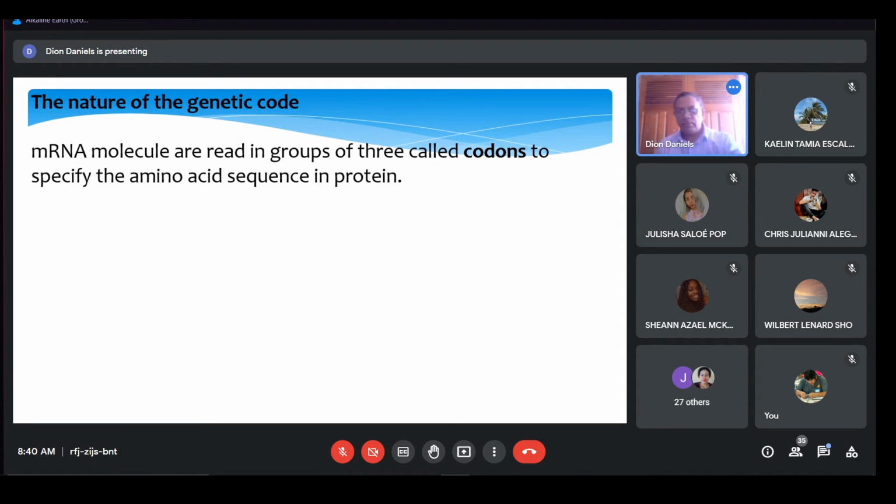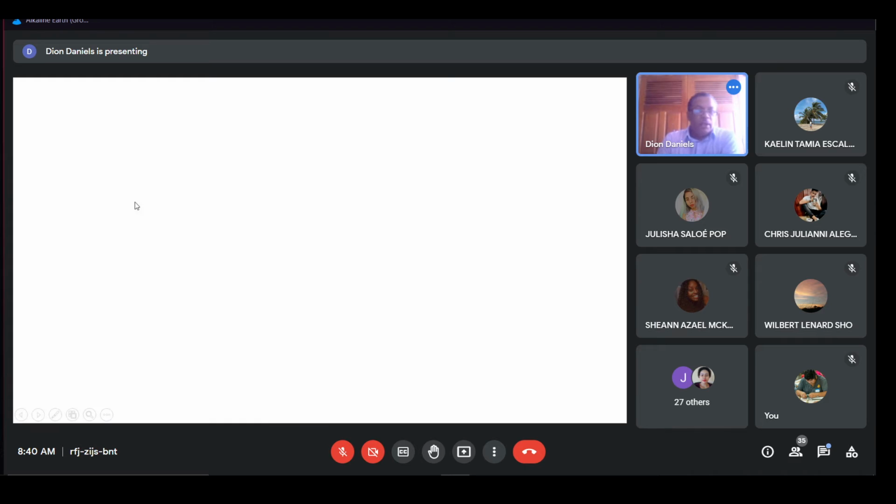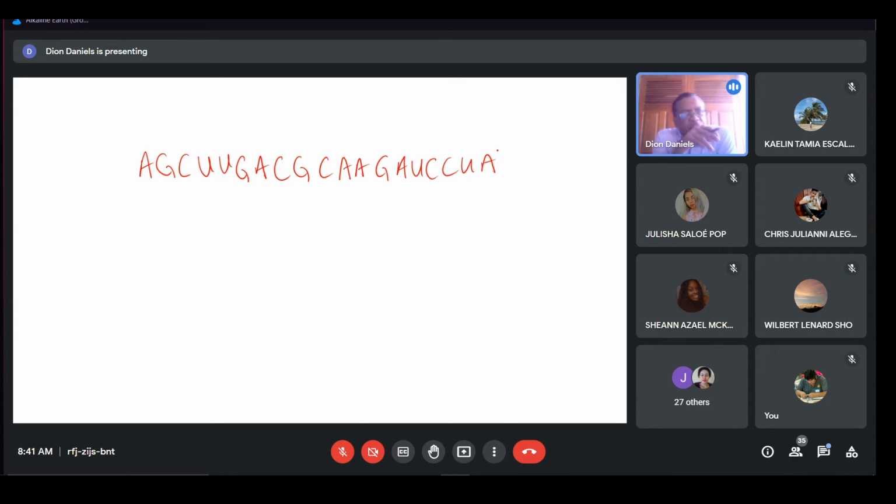So, if we have an RNA molecule here, all right, so A, G, C, U, G, A, C, G, C, A, G, A, U. Remember no T in this, right? Because it's an RNA molecule. C, U, A. What it says is that these will be read in groups of threes called codons. So this here will be one codon.